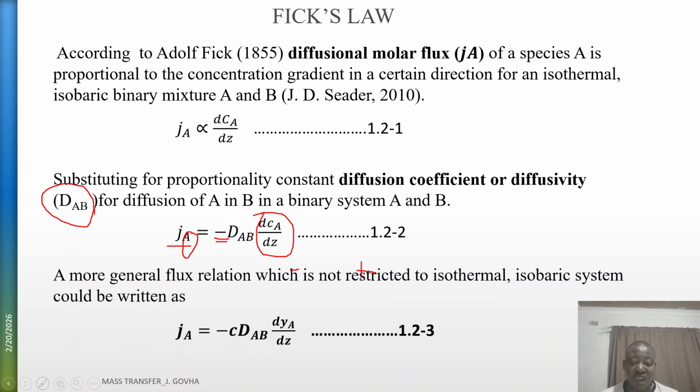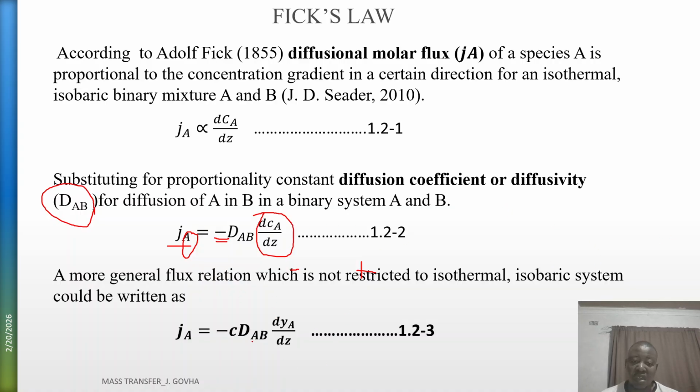So a more general equation is the one which does not make use of the restriction, and makes use of the mole fraction there, which is dy/dz.